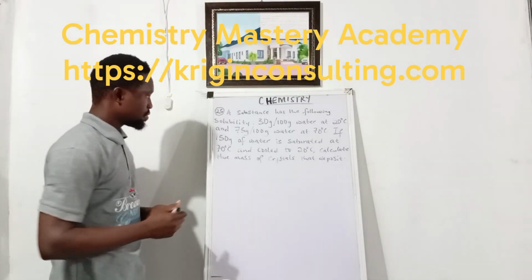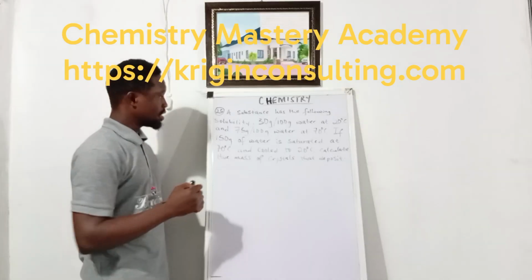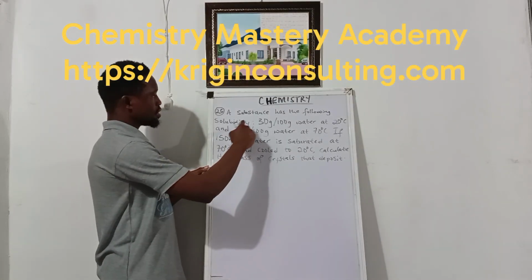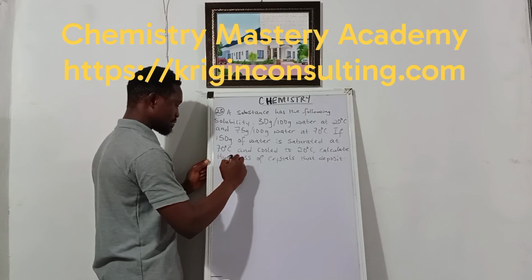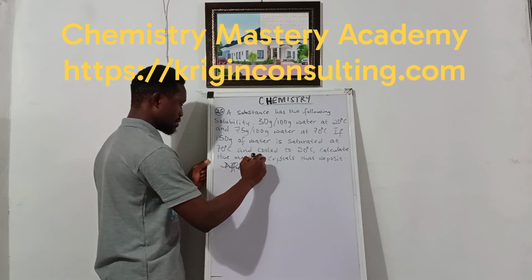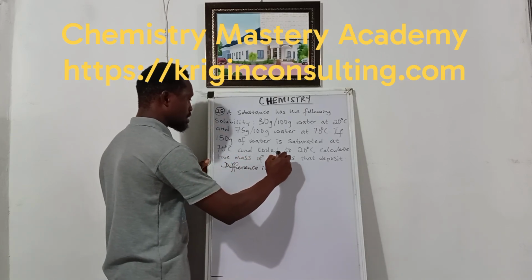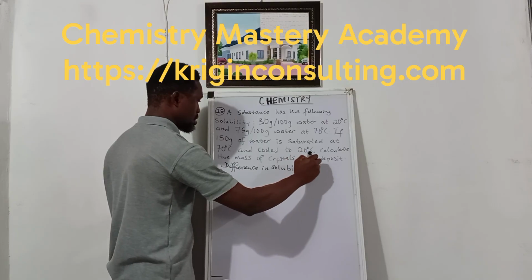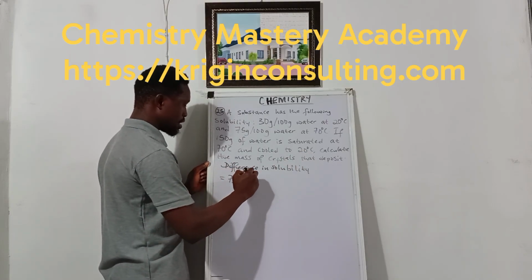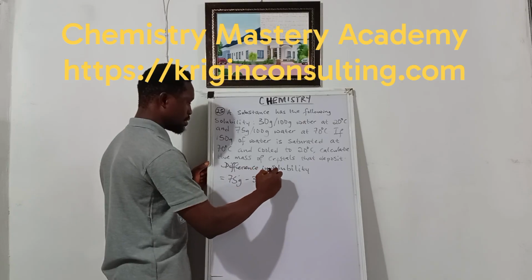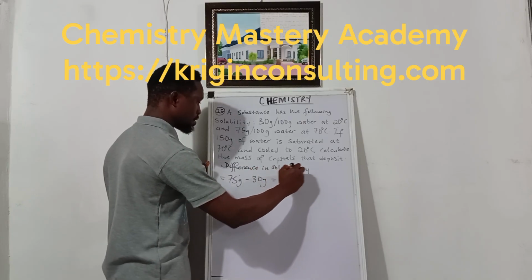It's very simple. Remember, the difference between this and this. So, difference in solubility. So we have 75 gram minus 30 gram, which gives us 45 gram.